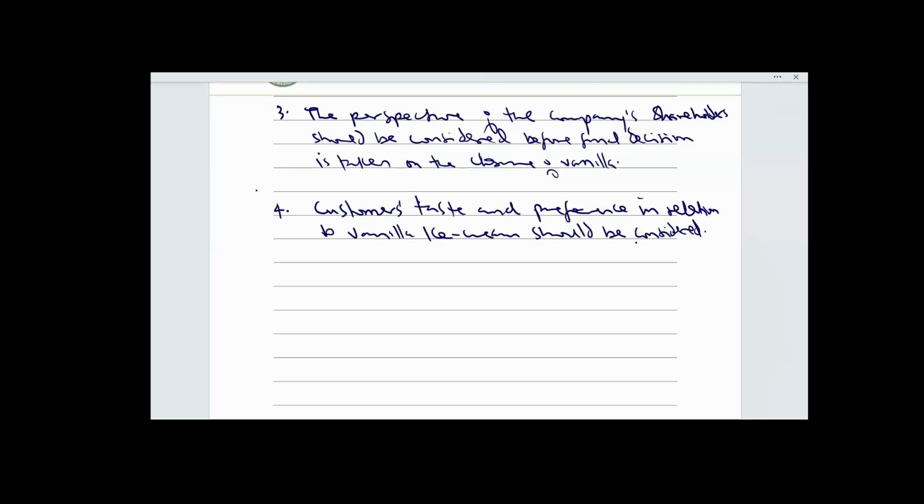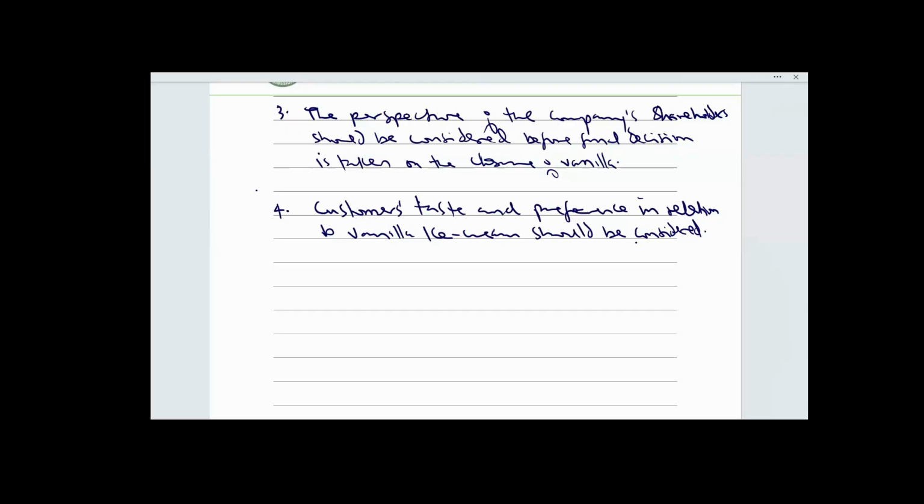You know, when you talk about ice cream, like I mentioned earlier, there are some customers that like vanilla flavor. Some don't like vanilla, some like strawberry. There are some customer segments that prefer chocolate. So customer taste and preference differ.